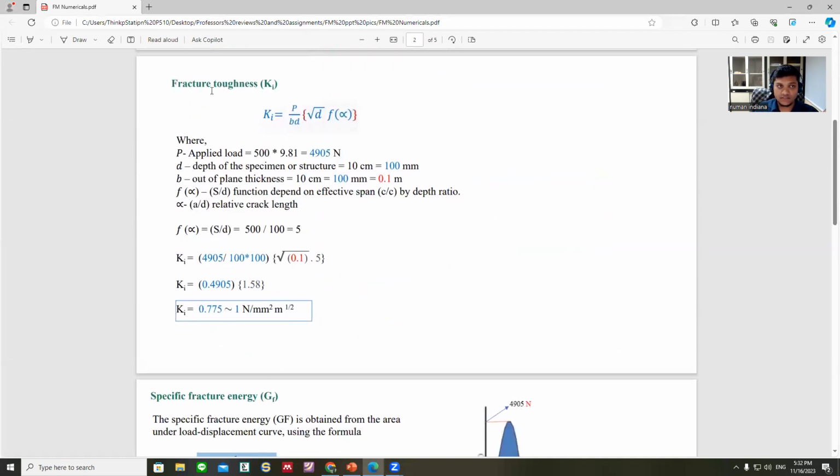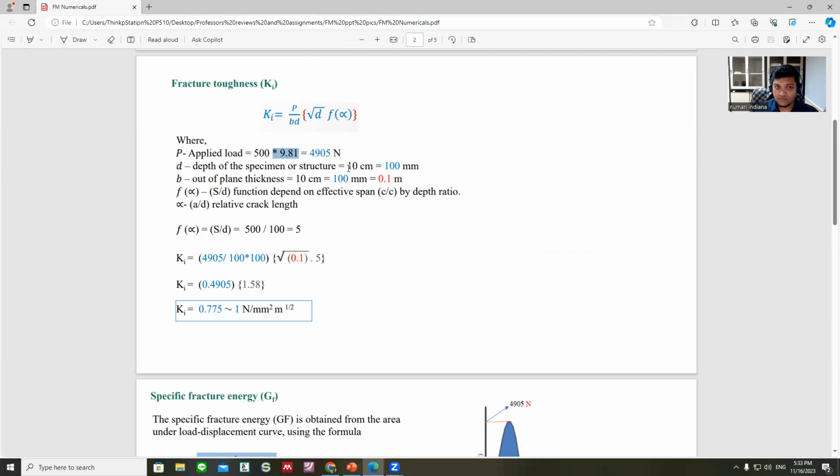So coming to the fracture toughness, Ki is equal to P by Bt, root of D, F alpha. P is the applied load, which is 500 into 9.81 to convert into Newton, that is 4905 Newton.